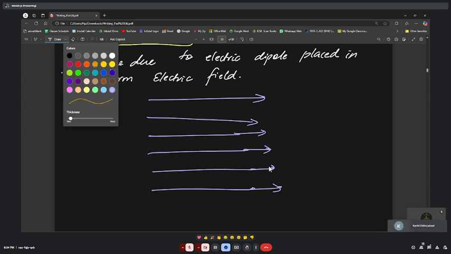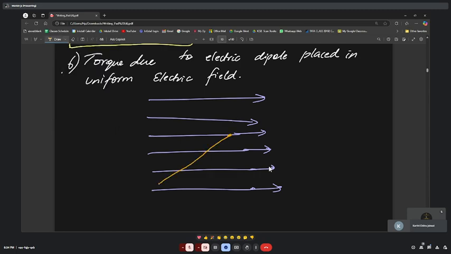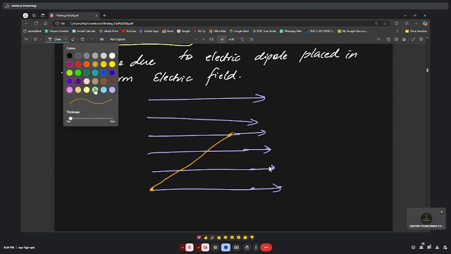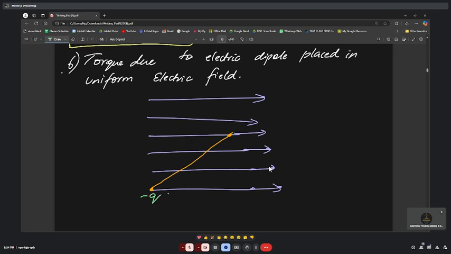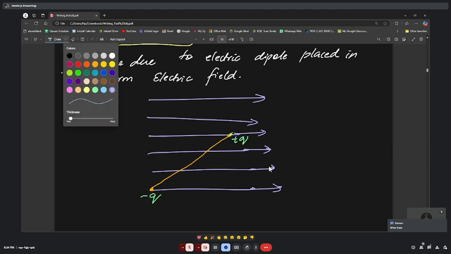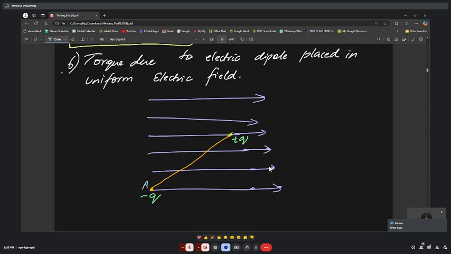Now we are going to place the dipole here, at an angle. Again, I am marking it: this is the negative charge and this is the positive charge. Let us name the dipole AB. This is point A and this is point B. The length AB is 2a as usual.